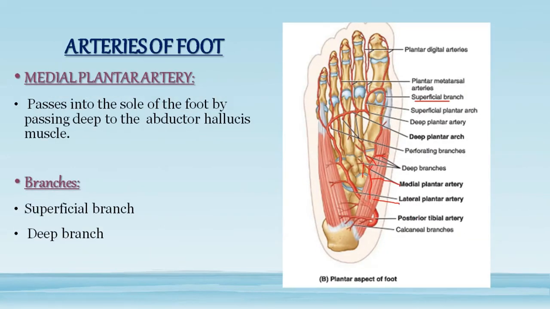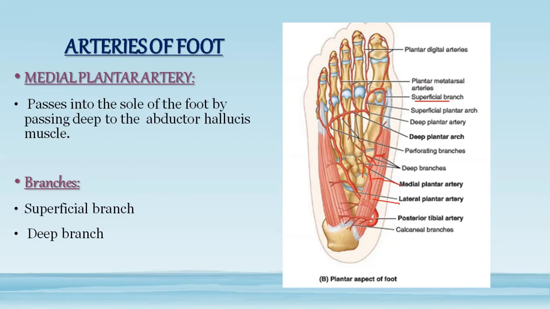Okay, so there are two arteries which supply the sole of the foot, the medial plantar artery and the lateral plantar artery. The lateral plantar artery is the major artery, and first it forms the digital arch. This digital arch gives rise to digital branches, metatarsal branches and perforating branches.